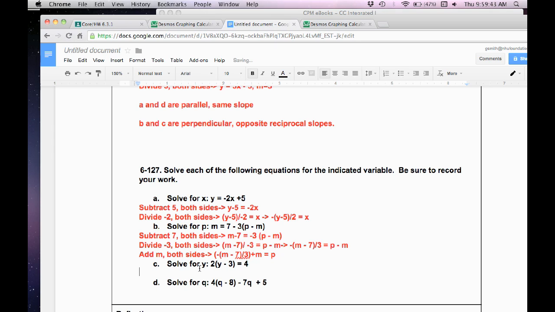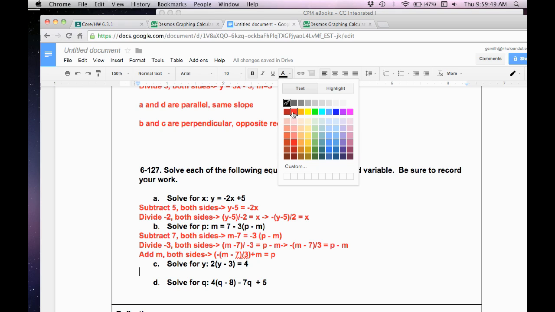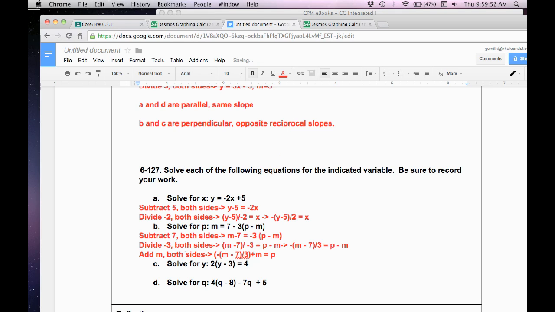Alright. Here we're going to solve for y. We have 2 times y minus 3 equals 4. Doesn't seem too hard. First what I'll do is I'll distribute the 2. And that will get me 2 times y is 2y. 2 times minus 3 is minus 6.